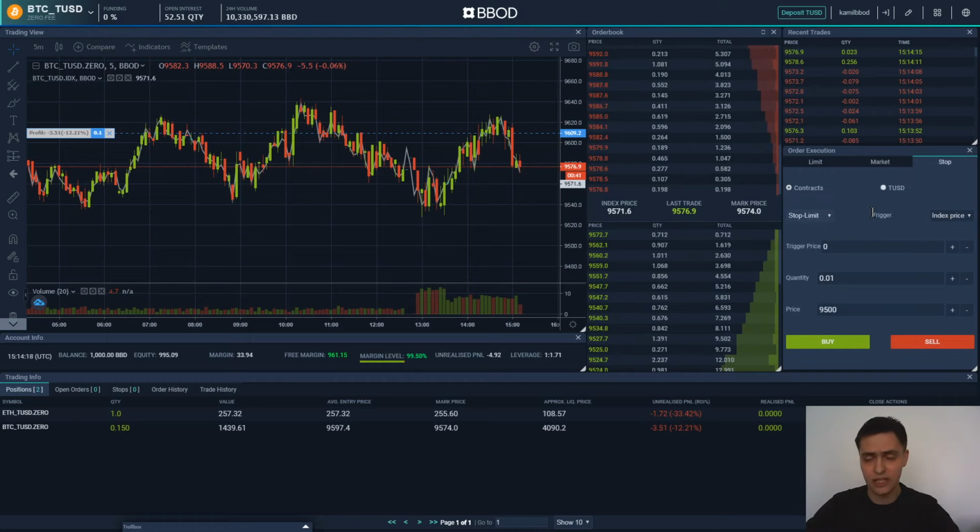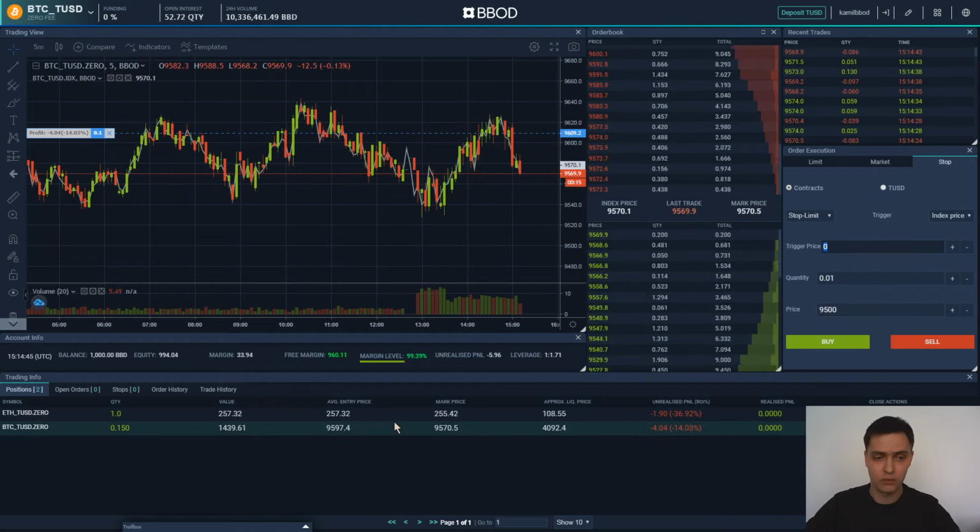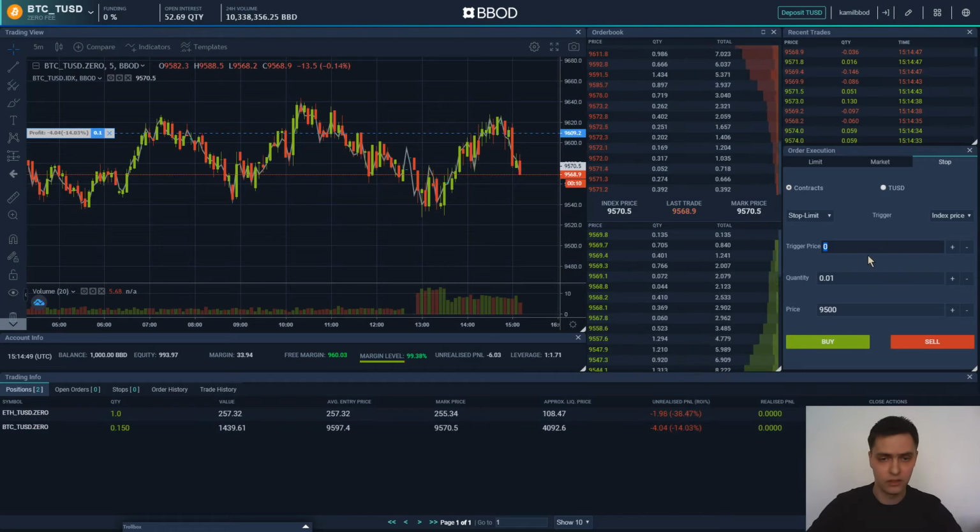And the second type of stop order is stop limit, where you can do the same as for stop market, but you can also specify the price of the order that is being posted. So let's say I'm long 0.15 Bitcoin and I want to get rid of it if the price reaches 9,500.